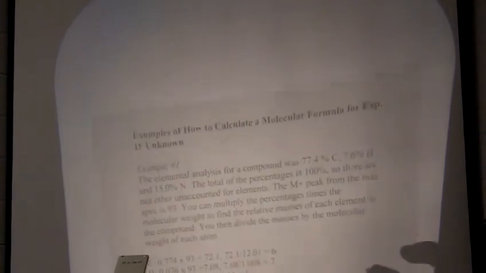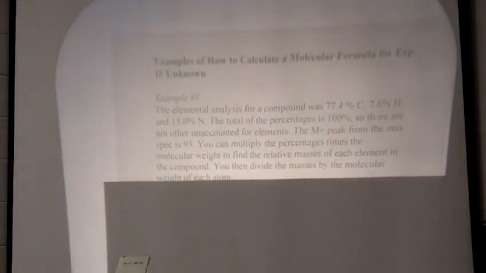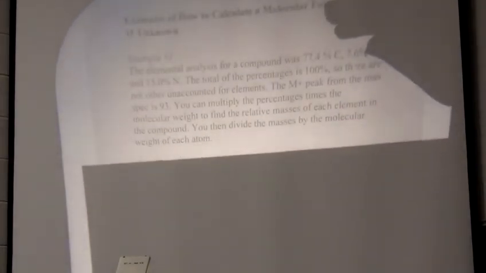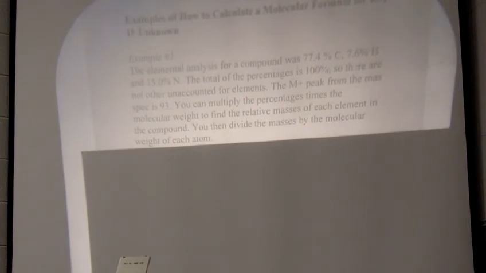So for CHN analysis, we're going to go through these problems quickly. These are the problems that are in your lab manual, but I'm going to try to explain them a little bit more carefully. You are going to get a piece of paper in lab this week that has your unknown number, and then it gives you percentages of carbon and hydrogen and potentially nitrogen.